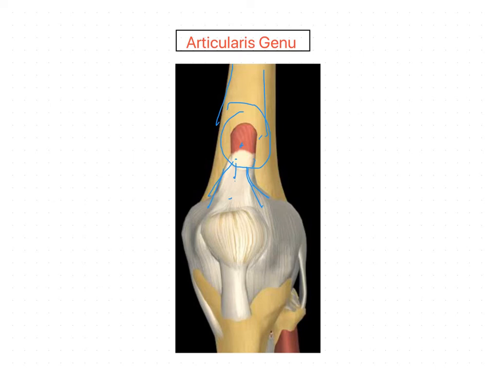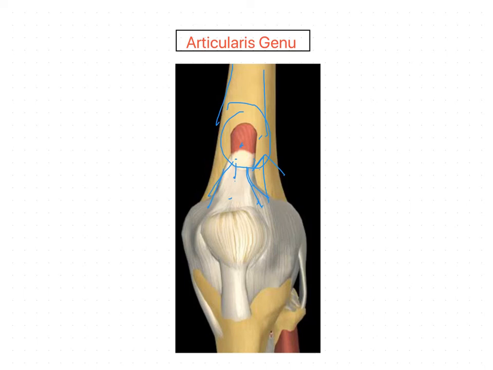If you see the action, it pulls the synovial membrane upwards during extension of the knee, thus preventing damage to it. Normally the synovial membrane in a knee joint has some foldings inside.